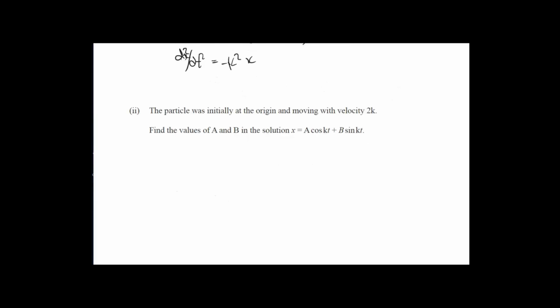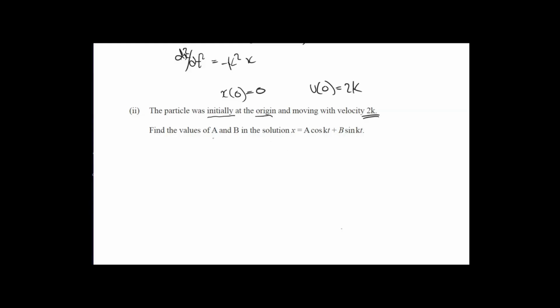We're now told that the particle was initially at the origin with a velocity of 2k, which tells us that x when time was 0 was 0, and the velocity at time 0 was 2k.